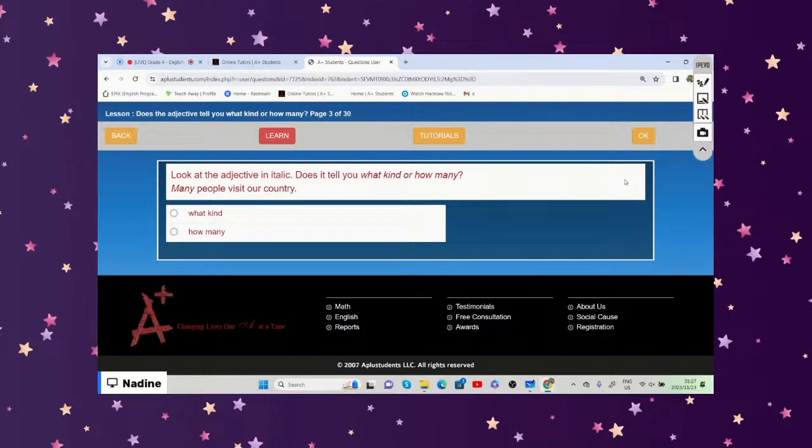Now look at the adjective. Does it tell you what kind or how many? Many people visit our country. So does it tell us what kind or how many?